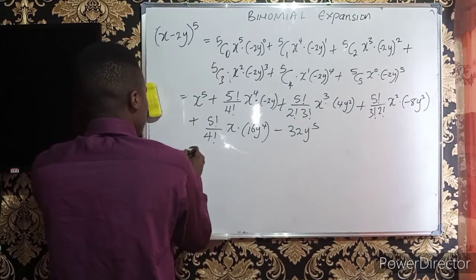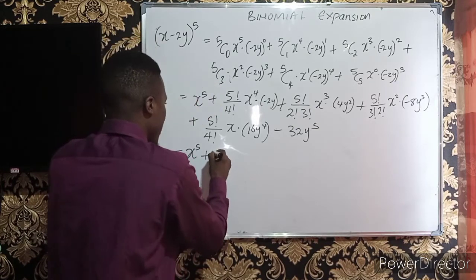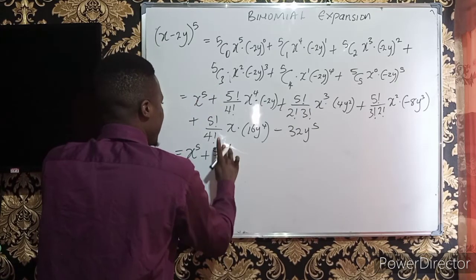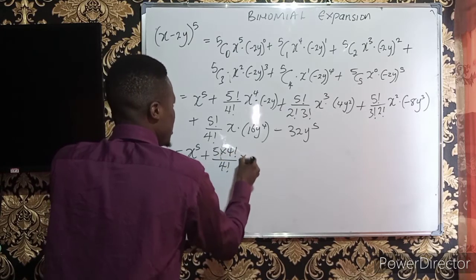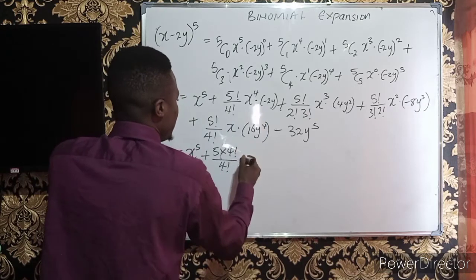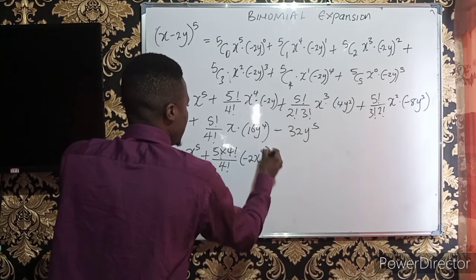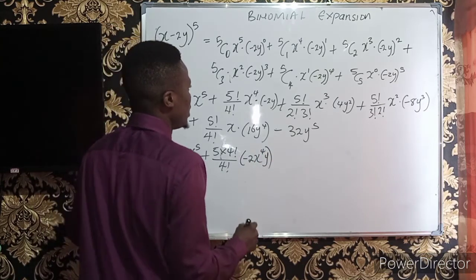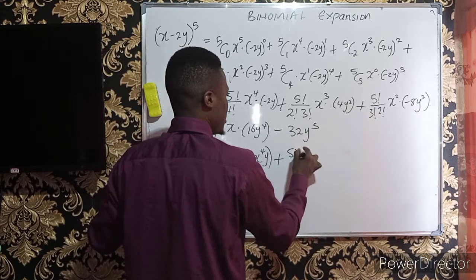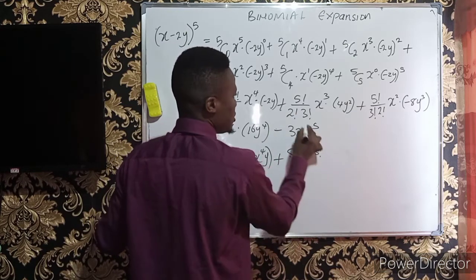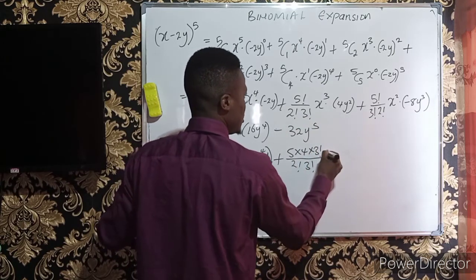Okay, now we shall have x to the power of 5 plus 5 factorial over 4 factorial, which is something like 5 times 4 factorial over 4 factorial. If I multiply this, I will get −2x to the power of 4 y. Okay, plus this is something like 5 times 4 times 3 factorial, because I'm seeing 3 factorial here, over 2 factorial, 3 factorial.